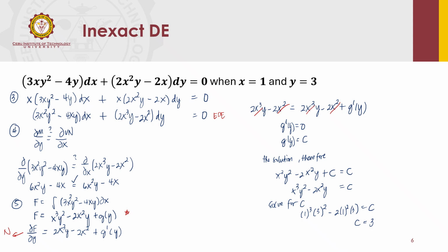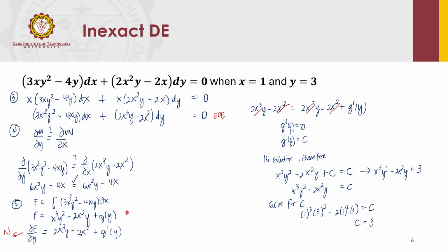So from this equation, this is x cubed y squared minus 2x squared y. Okay, and then the c is 3. We're combining, by the way, the two c's.